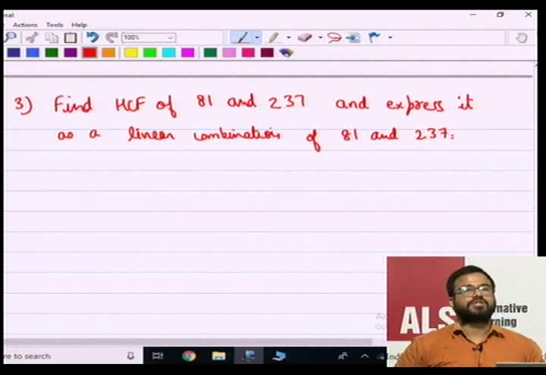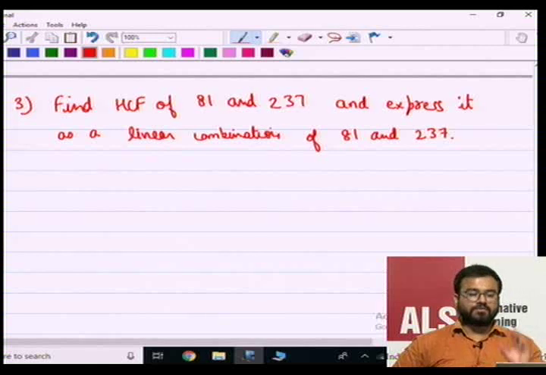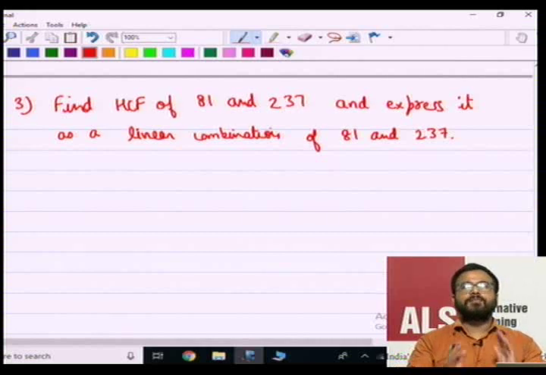So this is the question in which the first part says find the HCF of these two numbers using Euclid division algorithm. Second part says whatever HCF you are getting, you have to represent that HCF as a linear combination of 81 and 237.